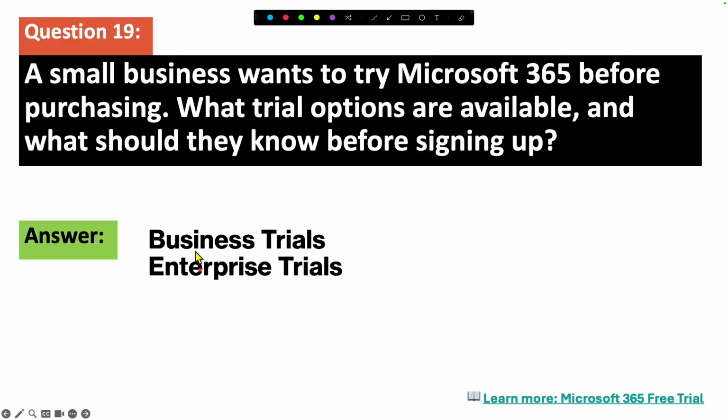So first, let's address what is a business trial. If you purchase Microsoft 365 Business Standard or Business Premium, Microsoft first of all offers a 30-day free trial. So if you are planning to purchase Standard or Business Premium, you can try it first before buying it.